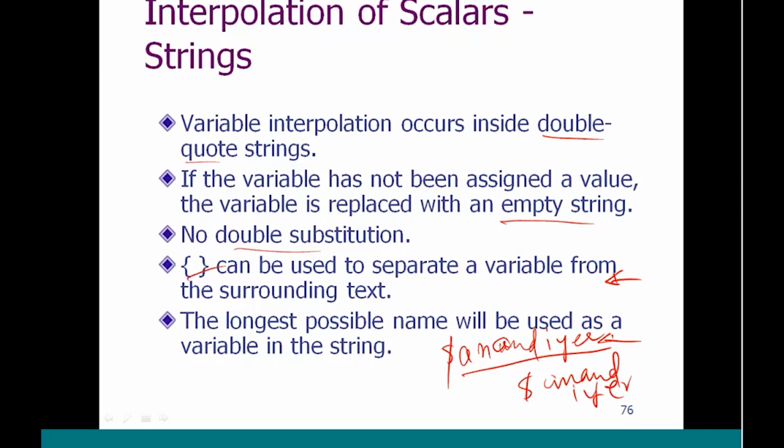To denote this, you may want to put the brackets here so that it knows that $Anand is one variable and higher is all the surrounding text. So you can now see how this rule will be applied and why these two rules go hand in hand.